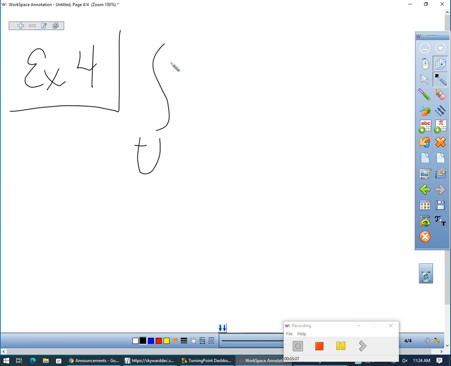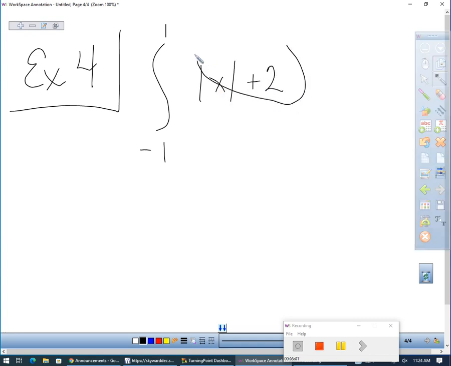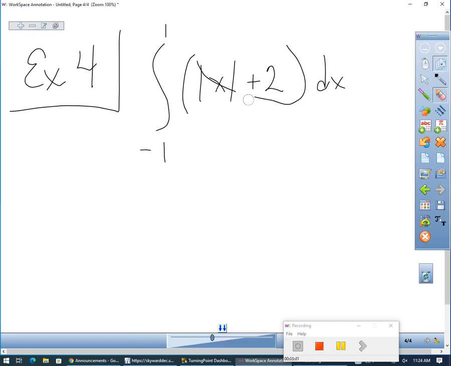I'm going to go from negative, whoops, that's supposed to be a -1. Try that again. From -1 to +1. And let's do the graph, the absolute value of x plus 2. It'd be a v, and how does that v move? Up 2, exactly.